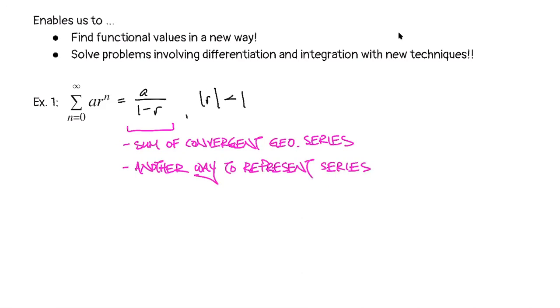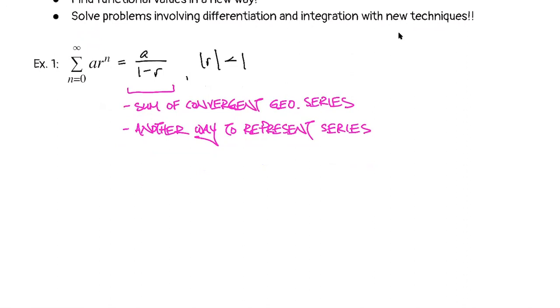Now, to be specific, it's another way to represent a geometric series. But we're going to take a look at how we can use this to generalize the idea of a power function, a power series representation. So let's go back to this original.